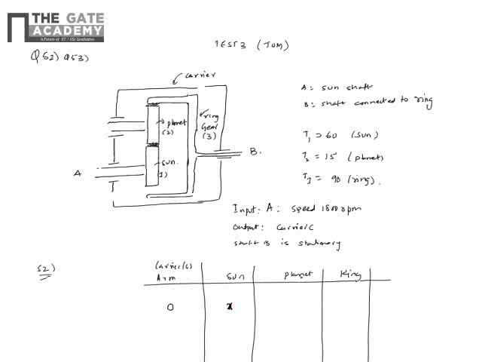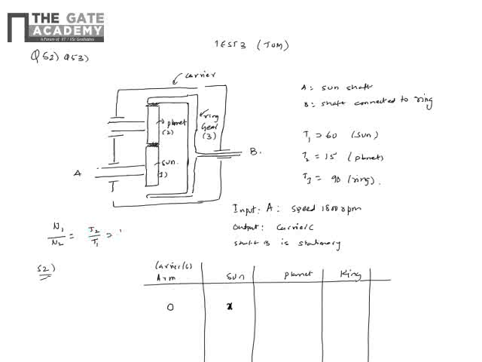So the planet, now when the arm is fixed, the planet can only rotate about its own axis. This is just like the sun and planet being two gears meshed together, with external meshing, but their axes can't change. So it's just like a simple gear train. So n1 by n2, this relationship you should know, is T2 by T1.